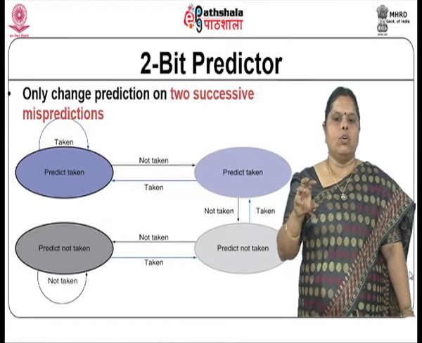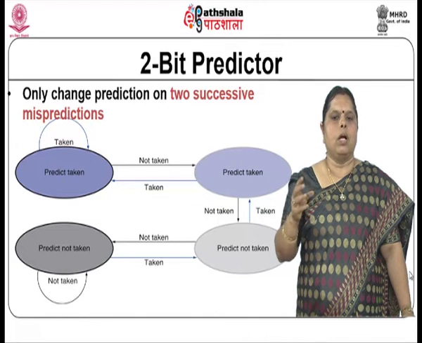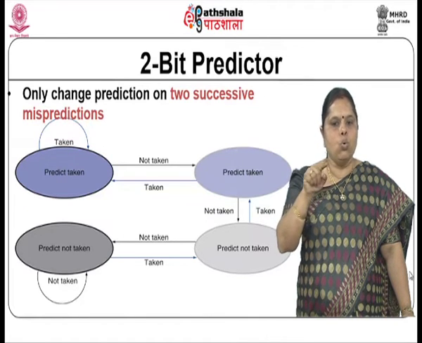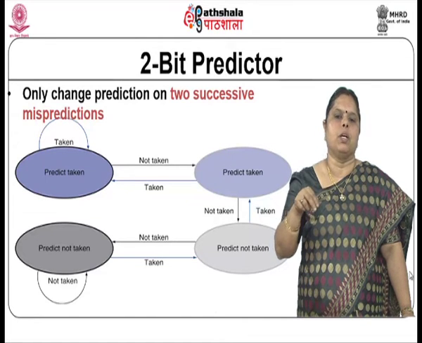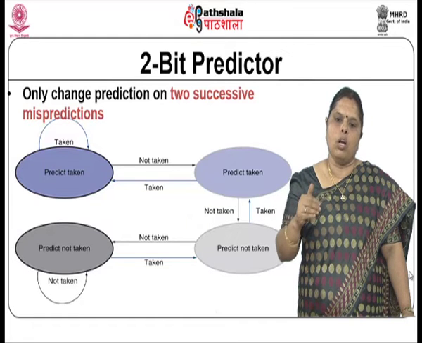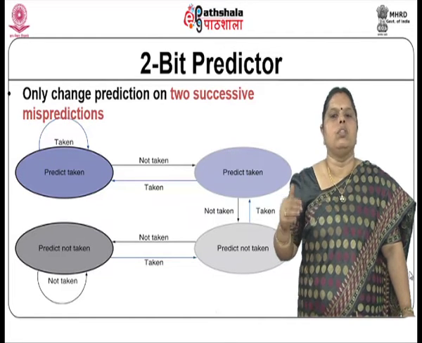On the other hand, if you are in the second state and the second outcome is also wrong, the branch you predicted to be taken but the branch is not taken, I have done two consecutive mispredictions. So when you do two successive mispredictions, you move on to the light green shade where you strongly predict that the branch is not going to be taken. In this state also you follow the same procedure.